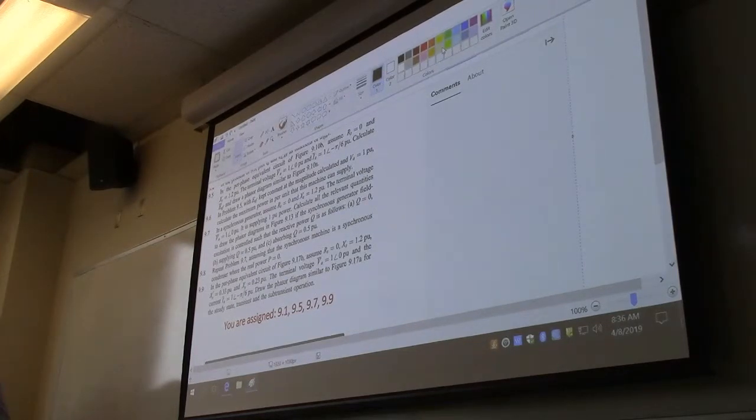RS is equal to 0, no resistance on the armature windings. The synchronous reactance is 1.2 per unit.